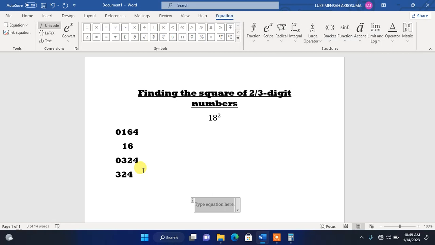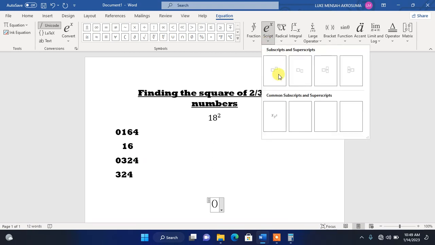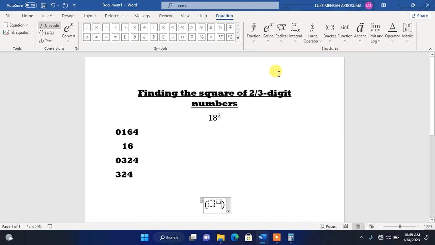This time around, let's look at a number like 19. So 19 squared.